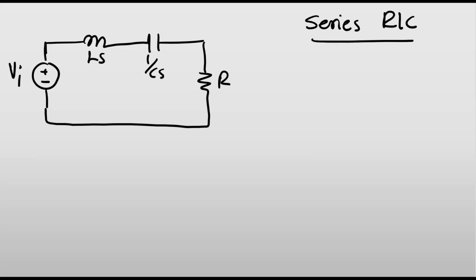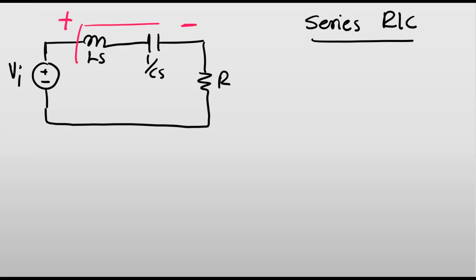series RLC circuit. For the band pass filter, I showed you that in order to see the behavior we are looking for, we have to look at the voltage of the resistor. So we focused on the voltage of the resistor. But here, instead of the resistor, I'm going to focus on the voltage across the inductor plus capacitor.